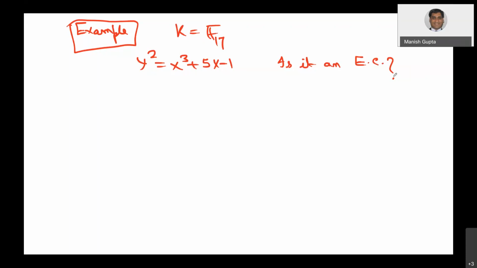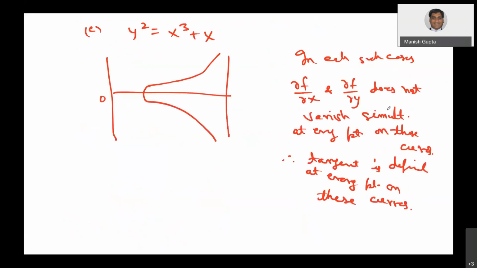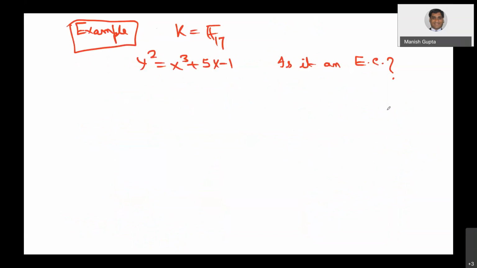No, actually that is not sufficient. Remember, there is a condition on the Weierstrass equation: it should not have a singular point. So I need to check whether it has a singular point or not. If it has a singular point, it is not going to be an elliptic curve. And it turns out that you can verify that (2,0) is a singular point here.